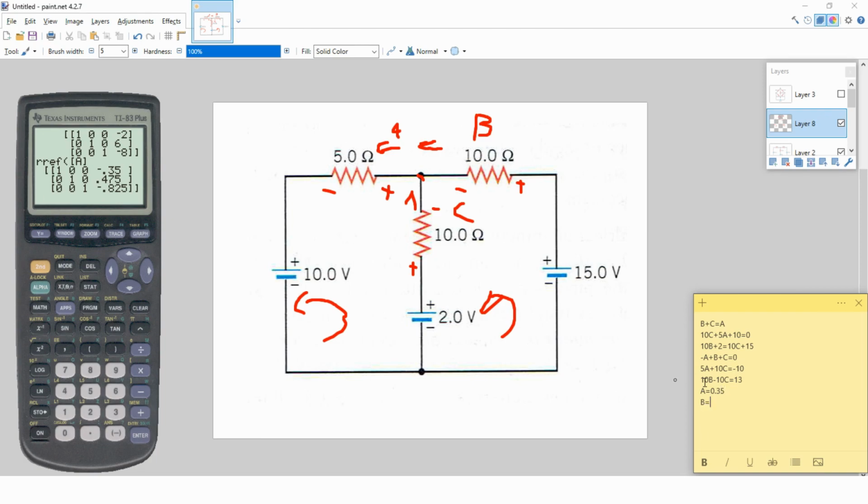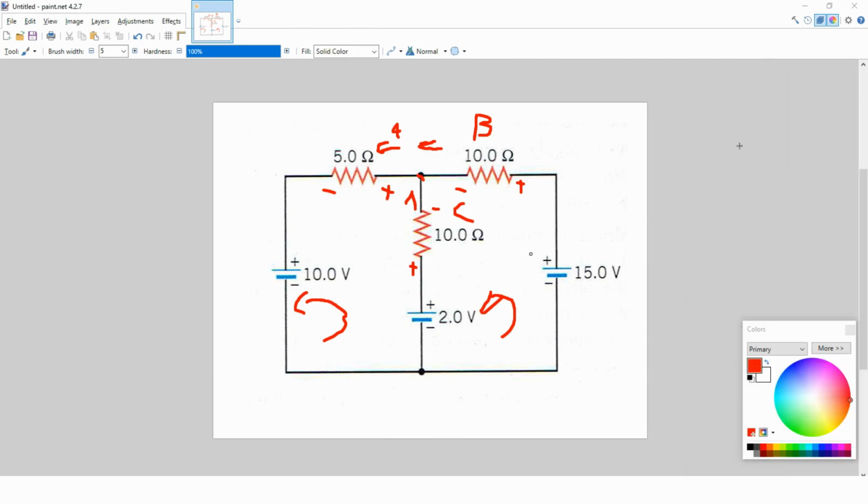B is equal to 0.475. C is equal to 0.825. Okay, so this one was actually exactly the same as the last one, but the next one is not going to be as easy.